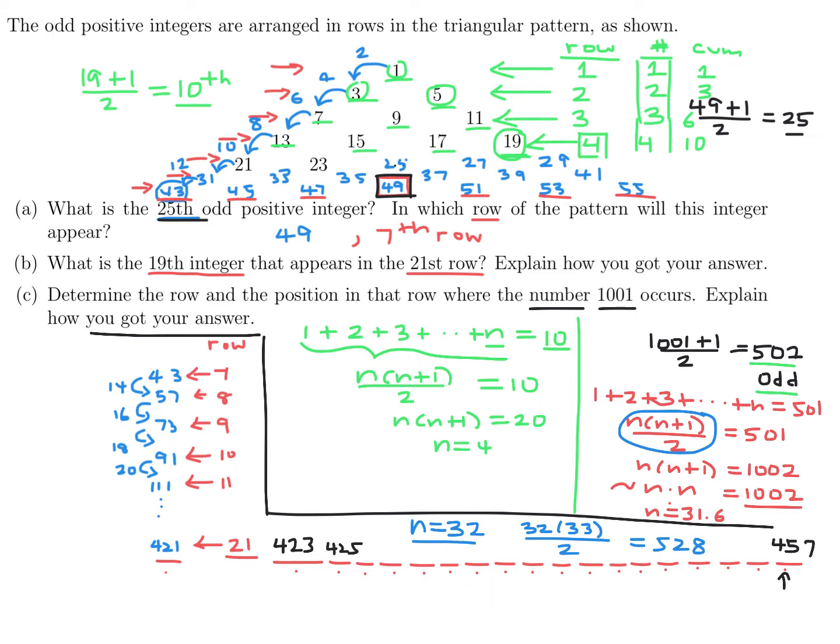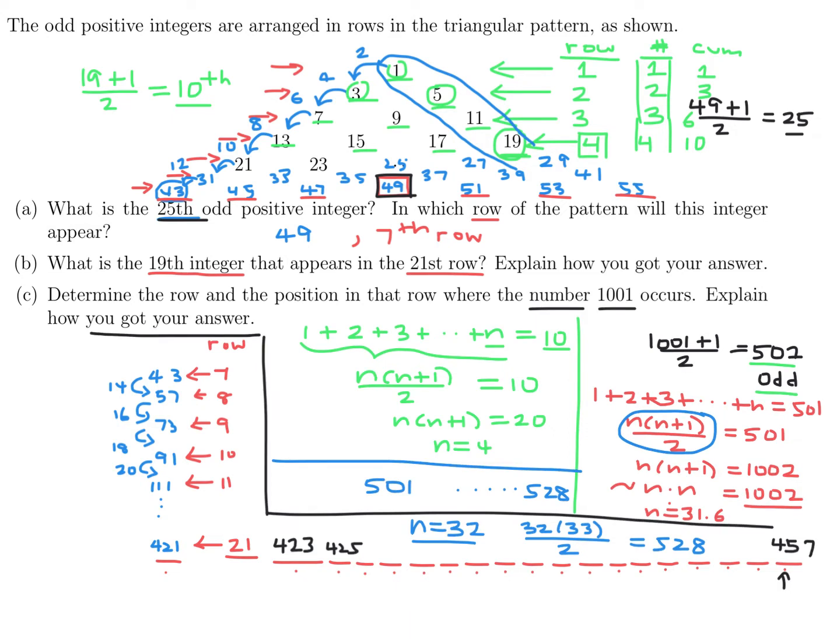So we are really just concentrating on this part of the triangular pattern, right? The very last number. So the very last number in the 32nd row would be the 528th odd number. So the 501st odd number would be somewhere before it.